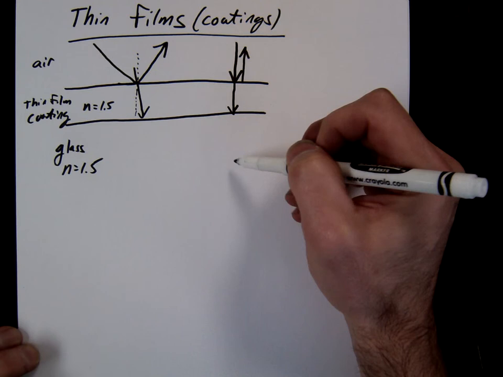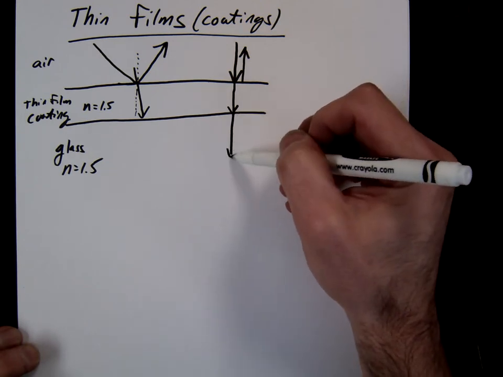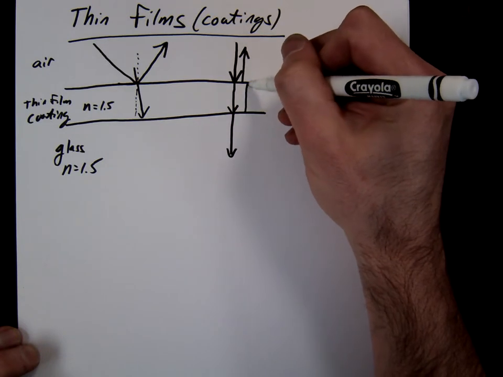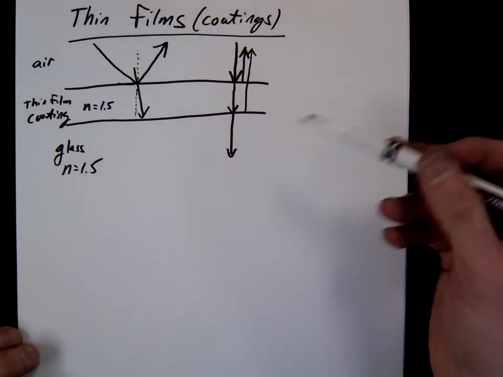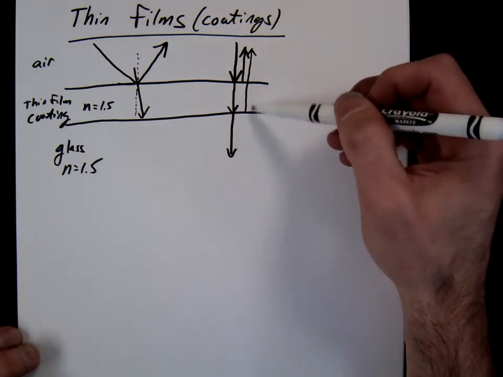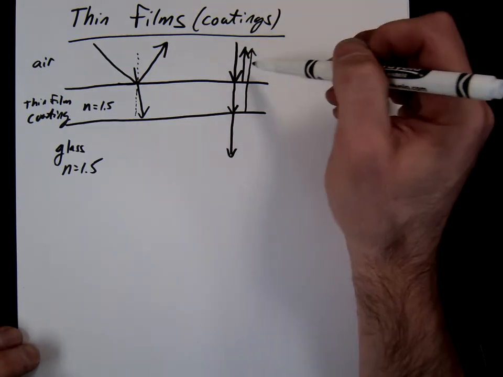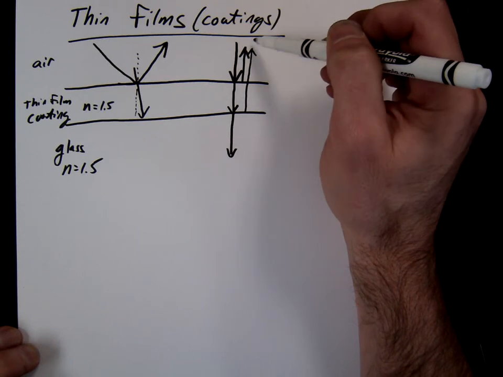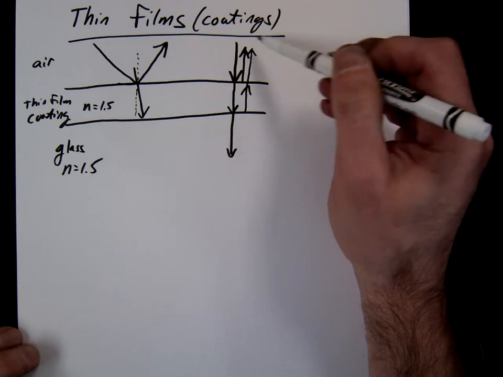Now at the second boundary, some of the light's going to continue, and some of the light's going to reflect. And actually this will continue, reflect, transmit, reflect, transmit over and over again. But we're just going to look at these two beams. The first one reflects off the first boundary, and the second one reflects off of the second boundary.